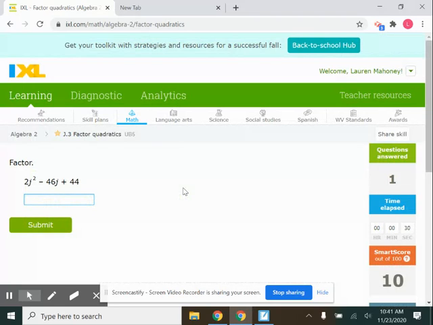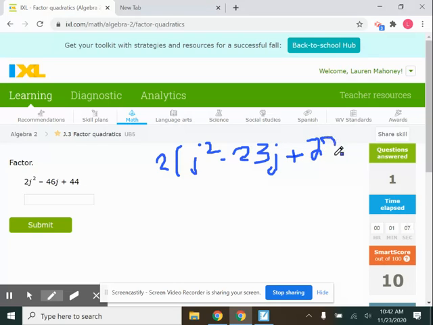Now we get into one where it looks like the leading coefficient is not 1, but actually this has a greatest common factor. I'm going to use my pen here to write that. I have 2j squared minus 46j plus 44, so I can take a 2 out of that, and I'm left with j squared minus 23j plus 22.